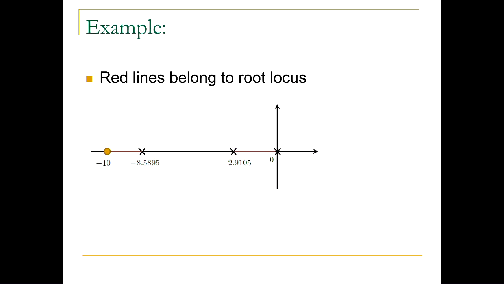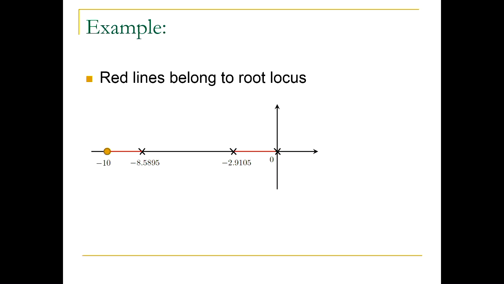So when I consider, let's say, this test point, what is the contribution of all poles and zeros? What are the phases with respect to this point? They are all 0. How about if the test point is here?